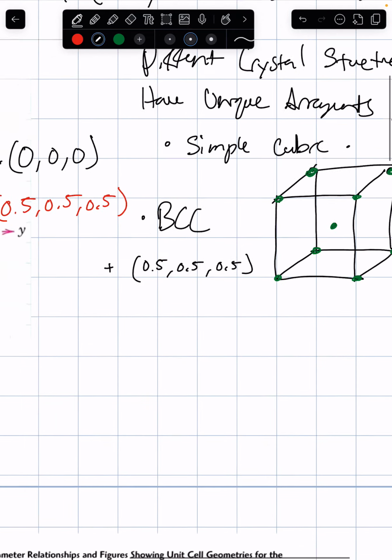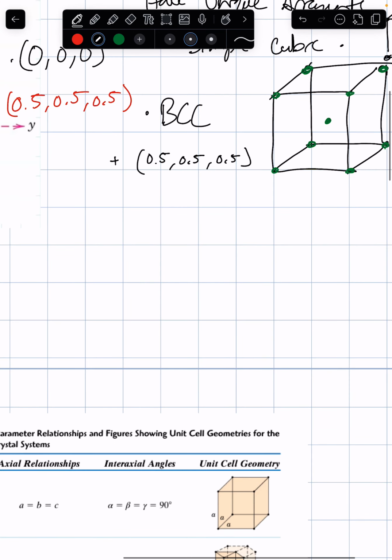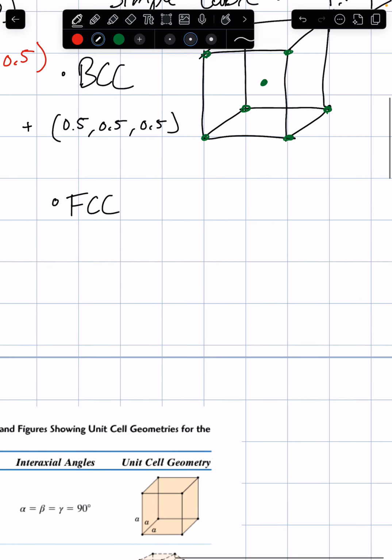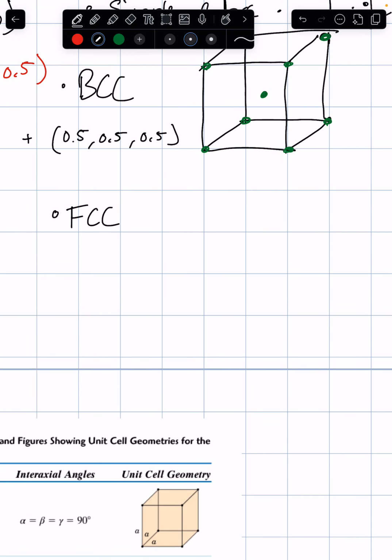And then last but not least, we have our FCC, which is our face-centered cube. So there's an atom at the center of each face. If we draw it out, it's going to look something like this.